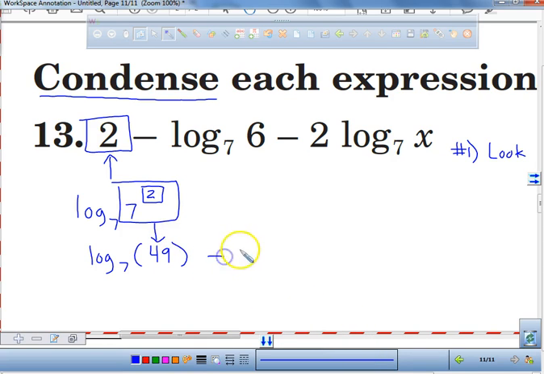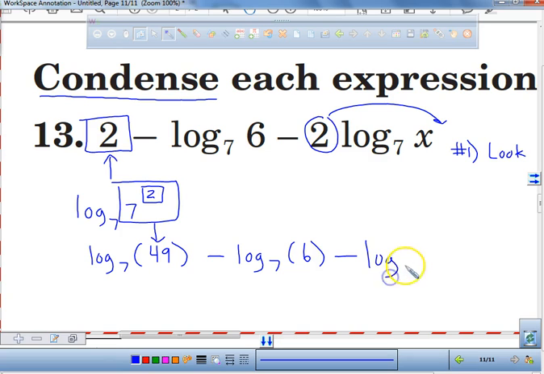Then write minus log 7 of 6, minus. Now, something you can always do, you can take that 2 and move it up. So the 2 becomes log base 7 of 49. Everything else stays the same except for this 2, using the power property. You move it right back up here.